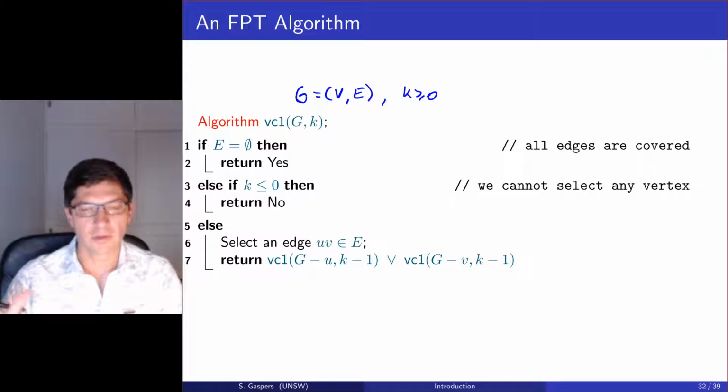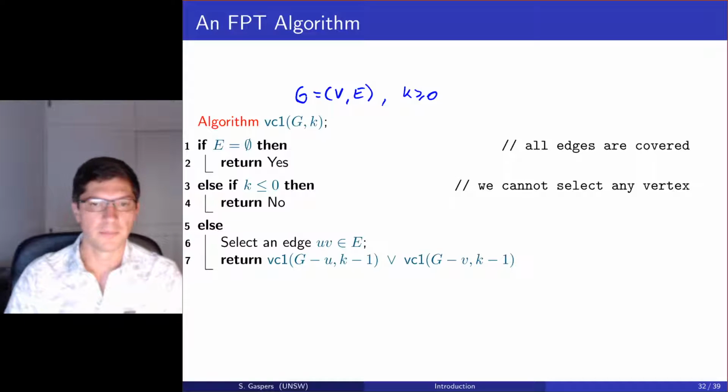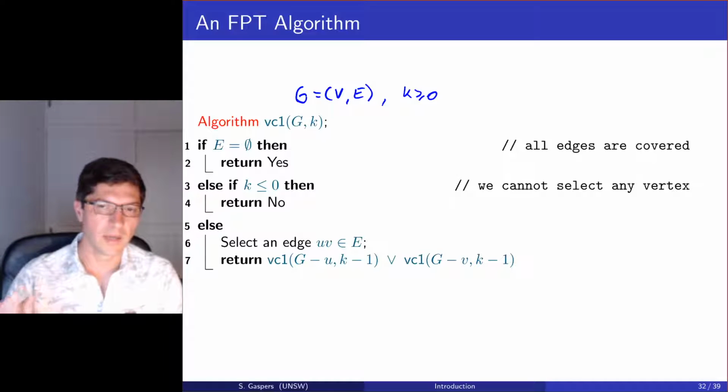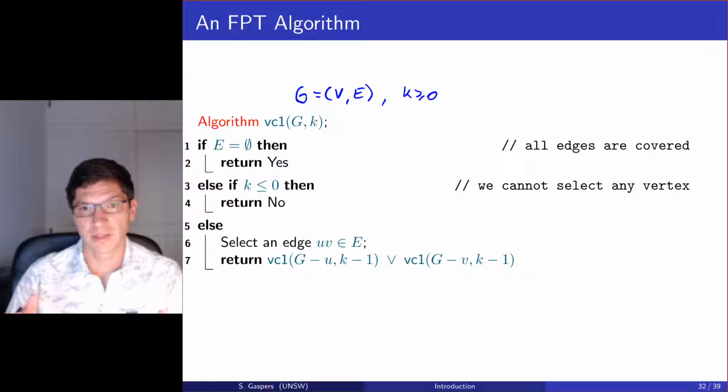We have exhausted our budget, there's still edges left to cover, so this resulted in a failed attempt. So now we return no. These are our two base cases. They're very simple: either we are done, we have covered all the edges, or we haven't covered everything yet, but we are not allowed to select any vertex.